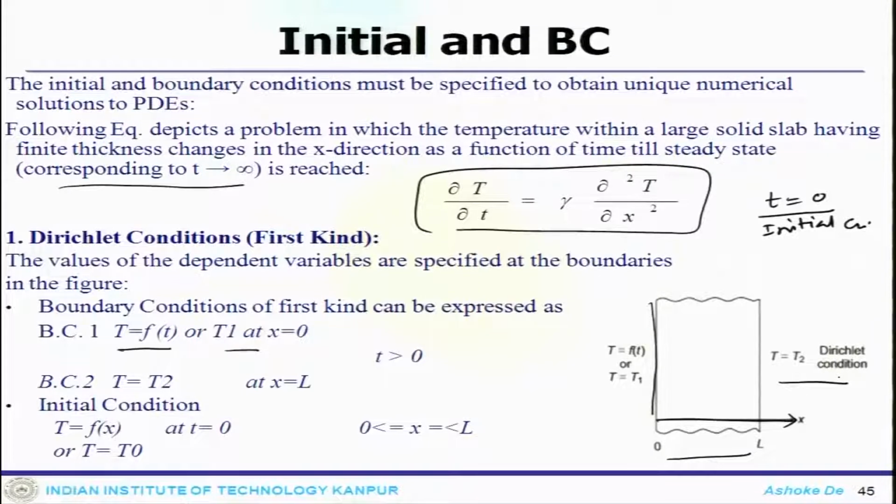That means, at this particular surface where x equals 0, and at this particular surface where x equals L, my conditions are known. So, while you specify a particular condition, this is known as a Dirichlet boundary condition. That means, it is a user defined condition.